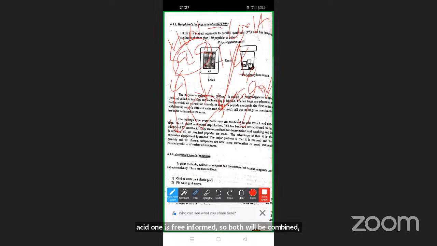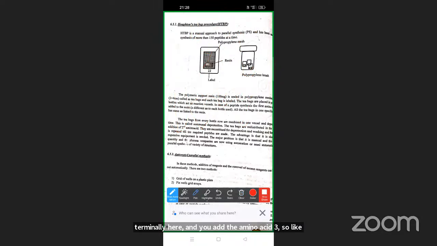If you stop the peptide synthesis here, you simply wash with the mineral acid and your pure product will be obtained. Or if you want to go further, you add amino acid 3. Again, you deprotect the amino acid 2 terminal and add amino acid 3. Like that, you repeat this procedure until your desired compound is obtained.